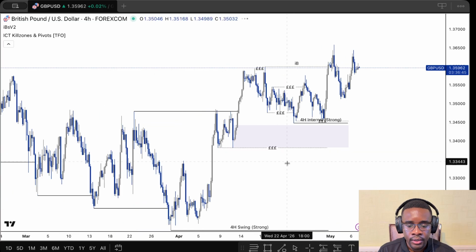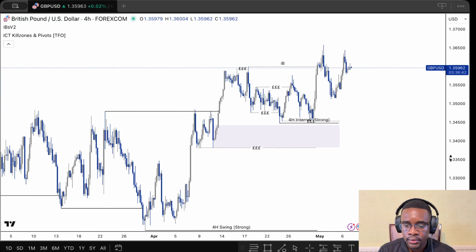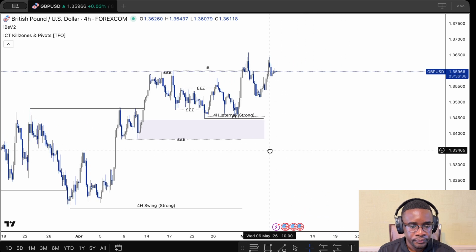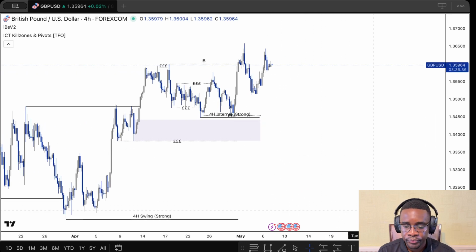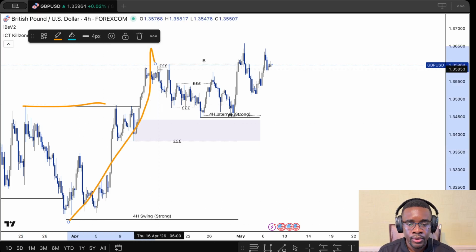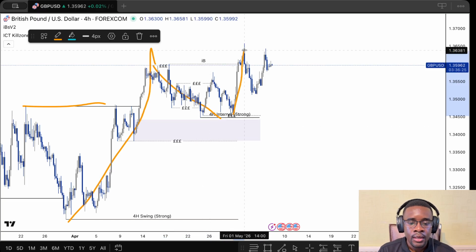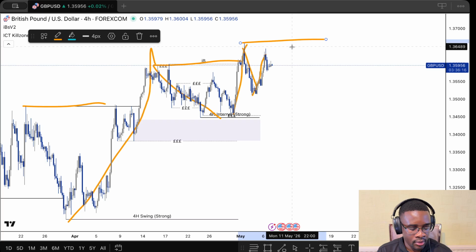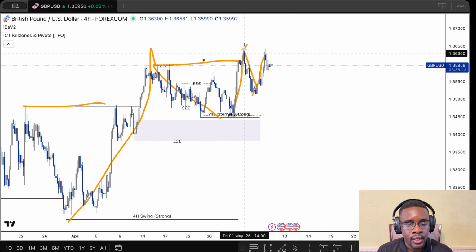And then looking at the swing range on the 4-hour. This is our swing break of structure. We had some kind of pullback. Okay, we'll call it internal, and then the internal broke structure again to the upside, and then we had a slight pullback, and now price looks like it's continuing possibly to take out that weak high again.